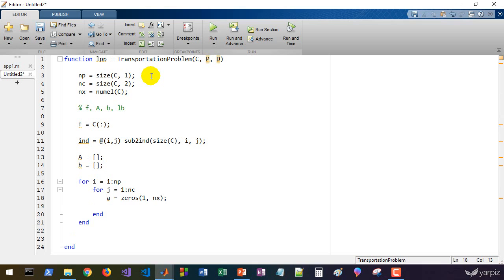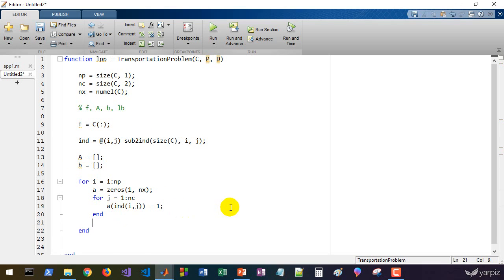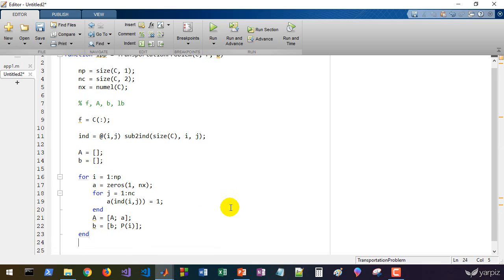And it must be out of the inner for loop. And let's set the value of A at index i, j equal to 1, and this forms a single row in matrix A. And so we append this row to our matrix, and let's append the production level for this provider to our B vector.